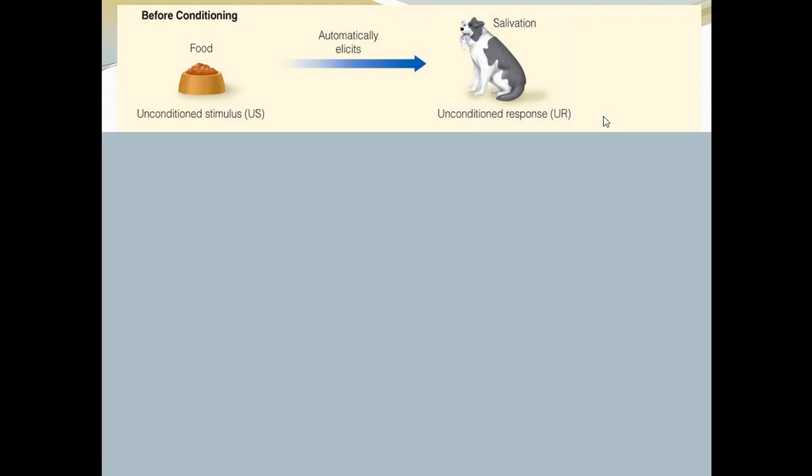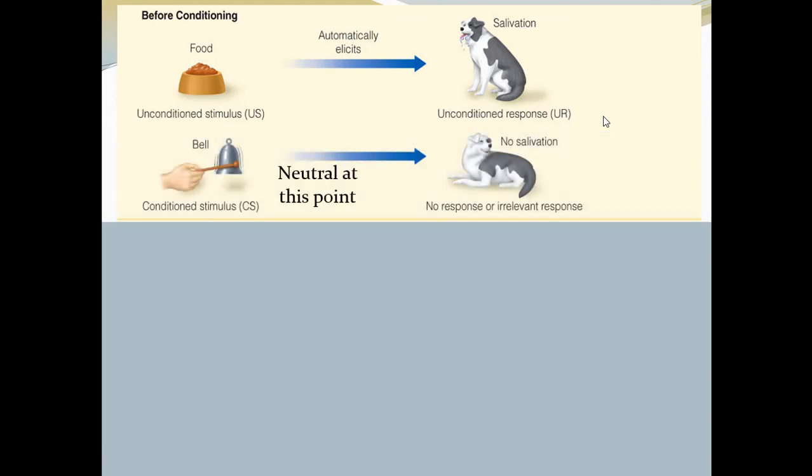Also before conditioning, we know that if we were to ring a bell, and just ring a bell, it would not automatically elicit salivation. Now, at this point in this diagram, even before conditioning, it's listed as the conditioned stimulus. I want you to remember that at this point, before any conditioning has occurred, this bell is a neutral stimulus.